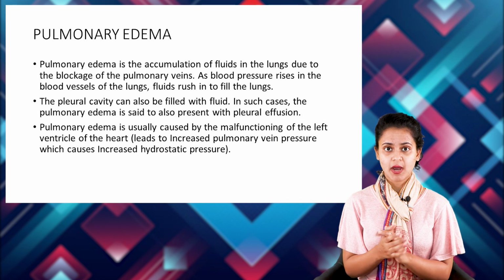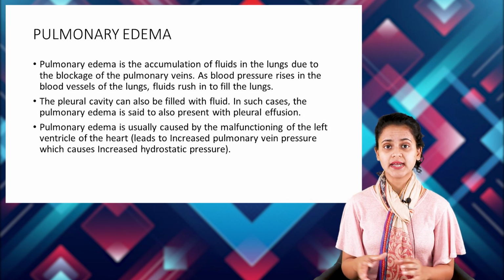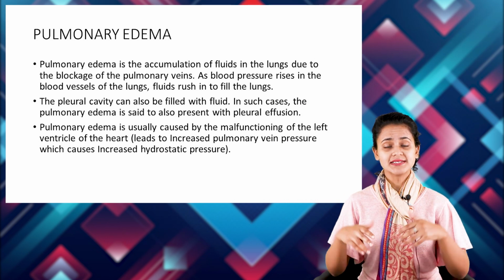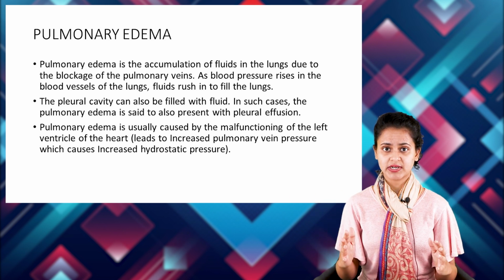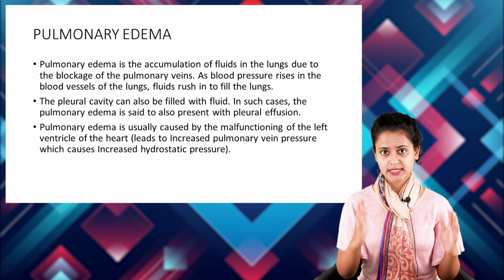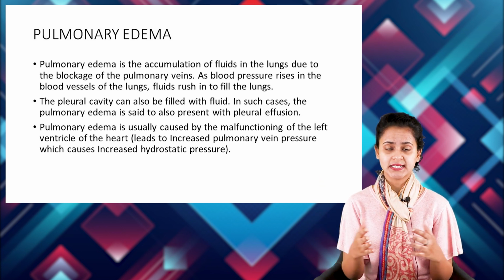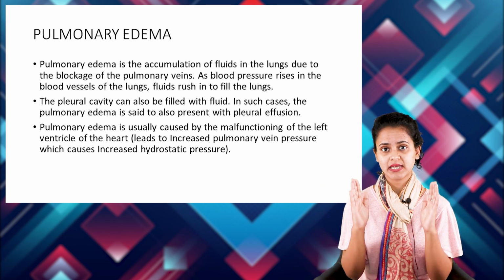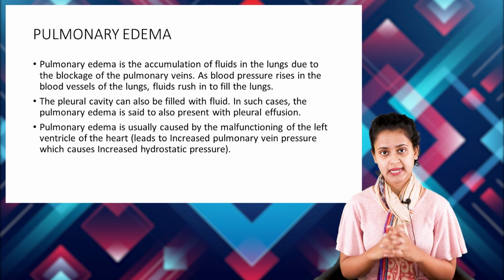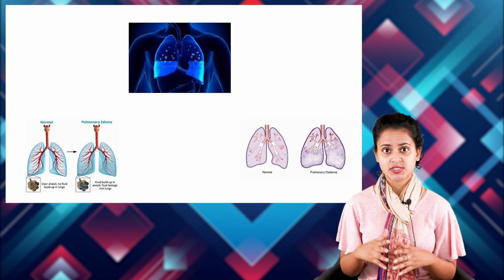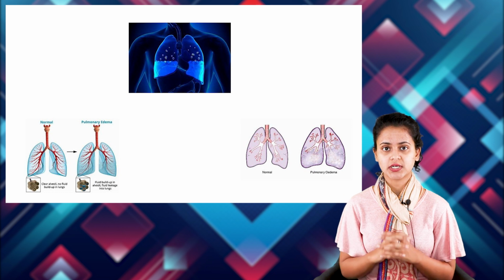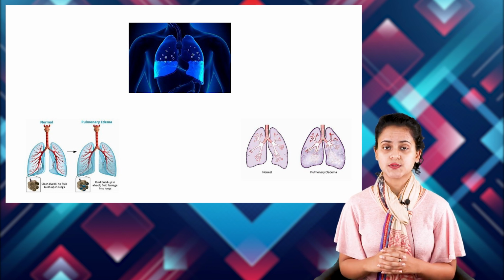Next, we are going to learn about the second common type of edema, pulmonary edema. As the term itself suggests, this edema affects the pulmonary vasculature. Pulmonary edema is nothing but the accumulation of fluid inside the lungs. This occurs due to blockage in the pulmonary veins.